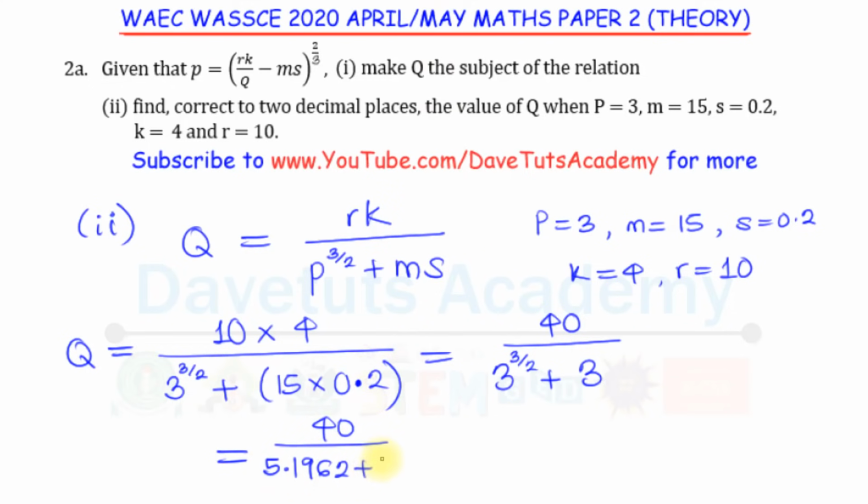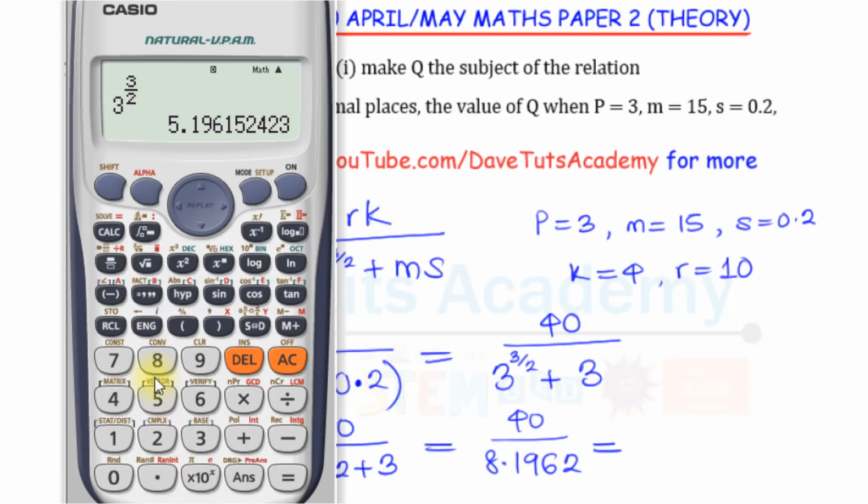So this will be 40 over 5.1962 plus 3, which is 8.1962. Then 40 divided by that answer, which is my denominator.